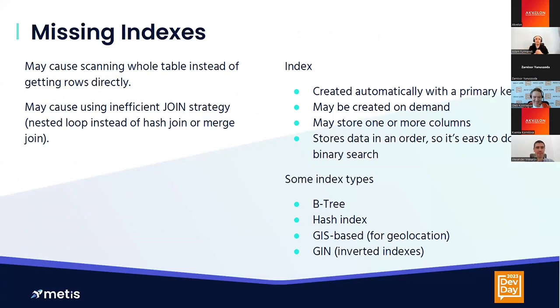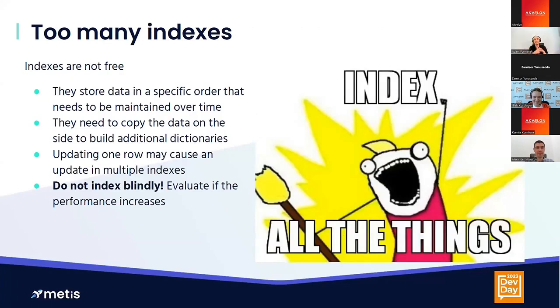And when a junior developer learns that adding an index is a solution for improving database performance, we end up with too many indexes in our database. We index all the things. SELECT statements are faster now, but UPDATE, DELETE, and INSERT statements are much slower because we have many more data structures to be modified.